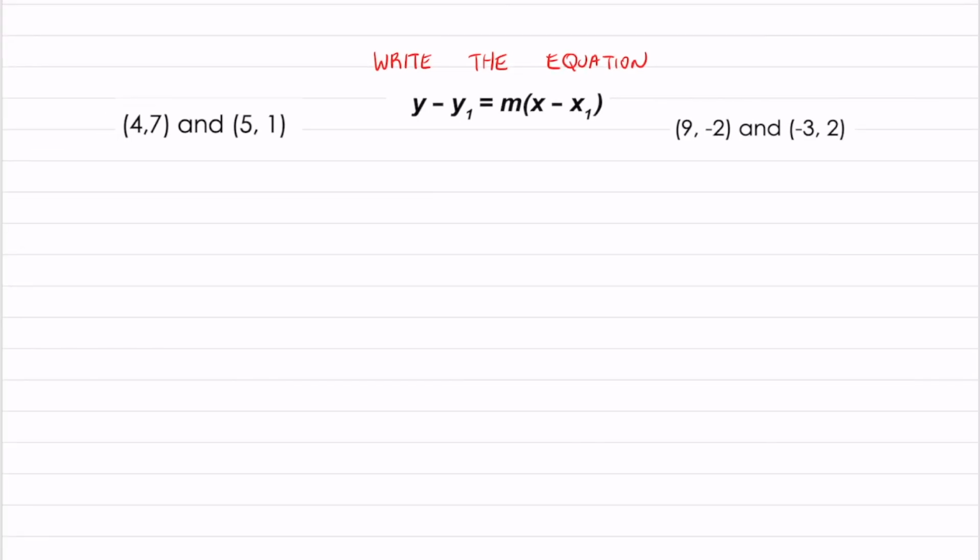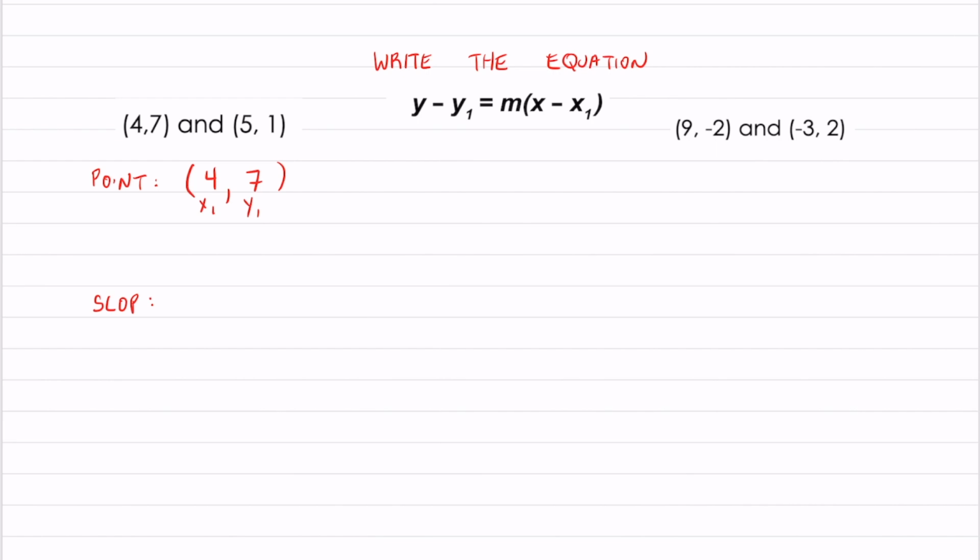All right, for this last example, let's say you got 2 points and you are trying to write that in point slope form. Just like the graph in the previous slide, it doesn't matter which point you pick. I tend to pick the smaller numbers. That's going to represent your x1, y1. For these problems, there are 2 solutions.